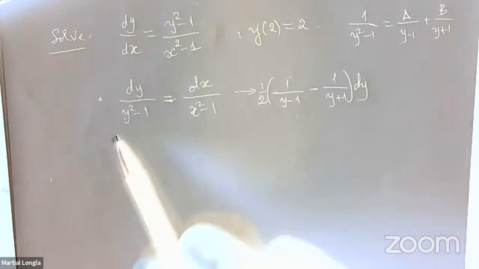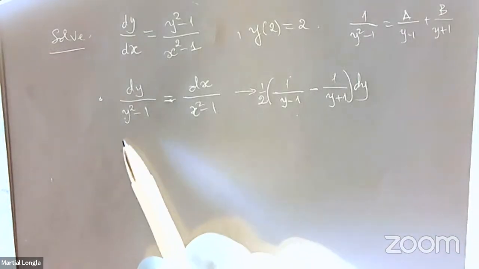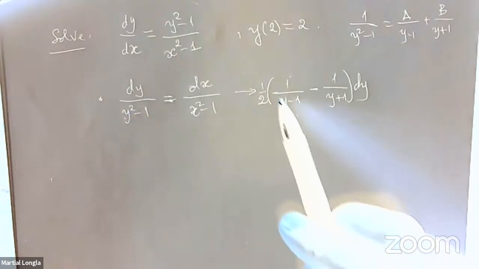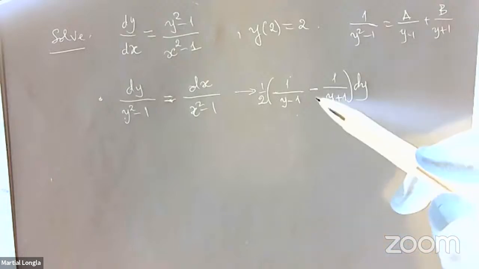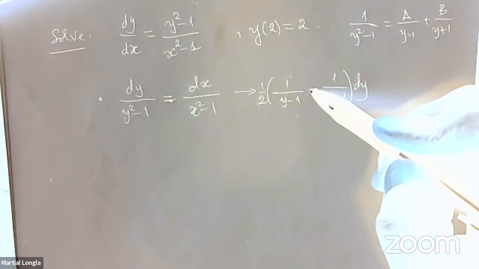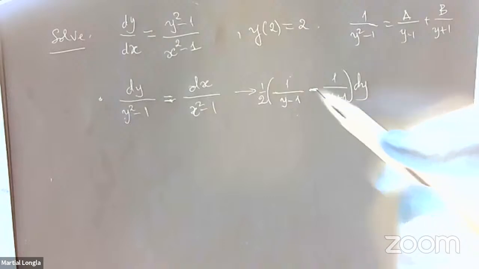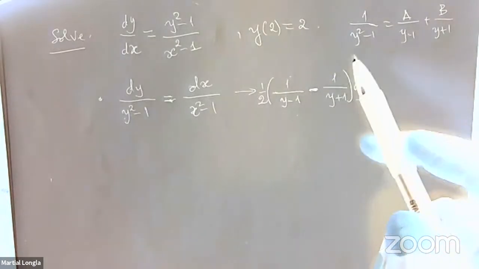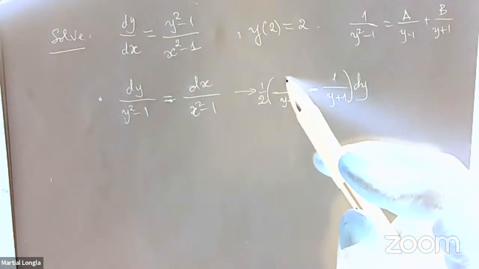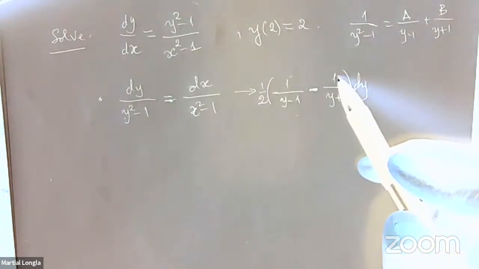But usually when it's this simple, what I do is I just take the two factors and write them down as denominators, y minus 1 and y plus 1. And because the y's are here, I just put a minus between them so that if I'm putting them up there, the y's will cancel. And then I see how much the top is going to be. It's going to be 1 minus minus 1, 1 plus 1, 2.